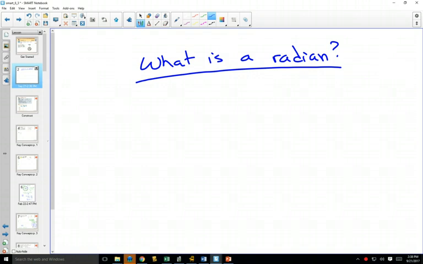And so we're going to learn about radians, what a radian is, and how it compares to a degree, because 1 radian isn't the same as 1 degree. If I got you to jump up in the air and turn 180 degrees, you have an idea what that looks like, right? If I got you to jump up in the air and turn 180 radians, do you have an idea what that would look like?